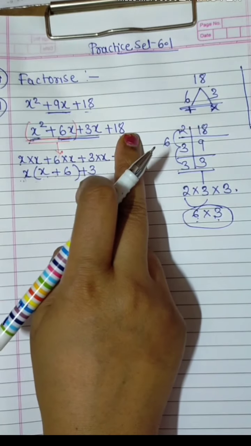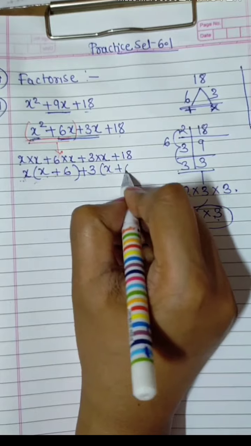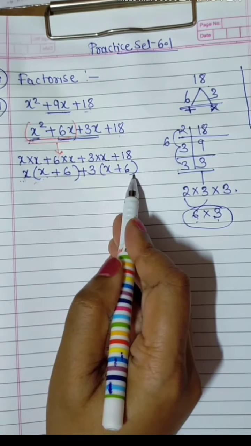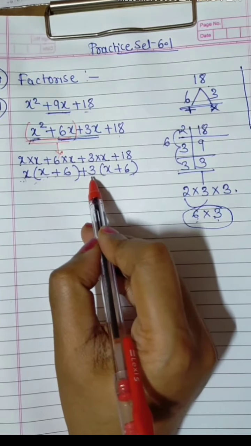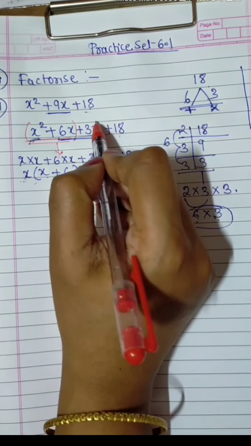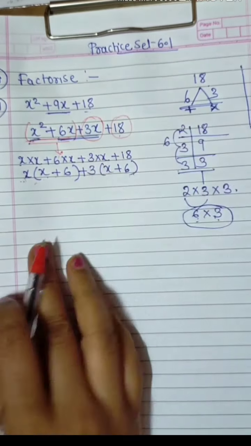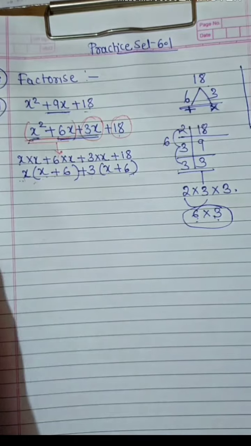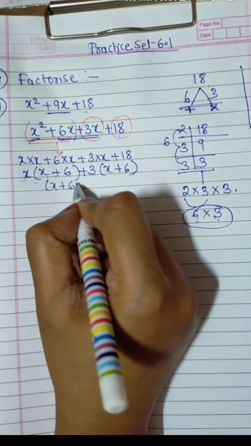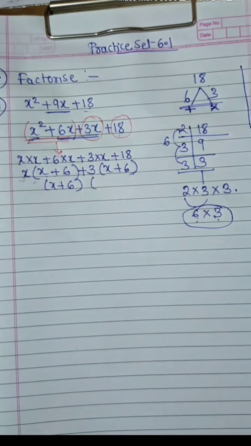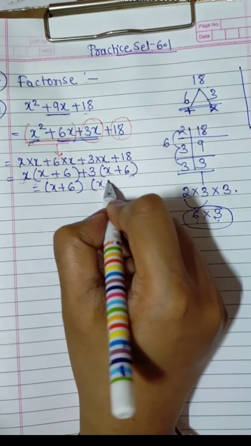X plus 18 is here. So we will write the same bracket, x plus 6, the same will come here. See, when we multiply 3 into x we will get 3x. Okay, 3 6s are 18. Have you understood? Now after that we'll write x plus 6, and now the answer is x plus 3.